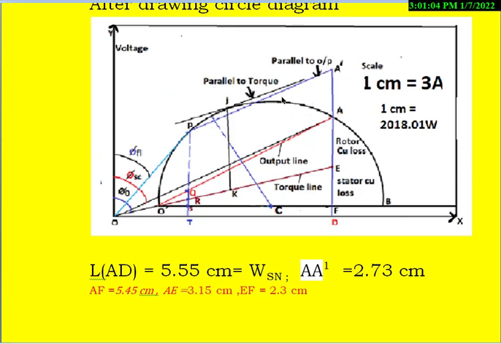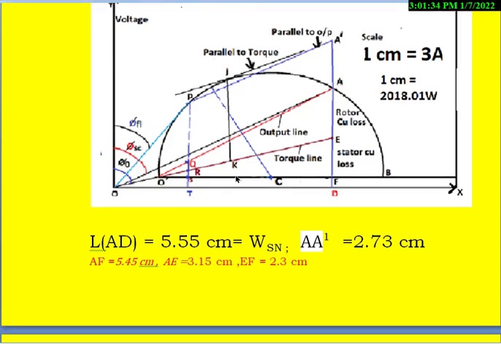Now draw a tangent to the semicircle and parallel to the torque line, so that it will touch the semicircle at point J like this. Now from point J, draw a parallel line to the voltage axis, so that it will cut the torque line at point K. This JK represents the maximum torque developed in the motor, whereas this AE represents the starting torque.